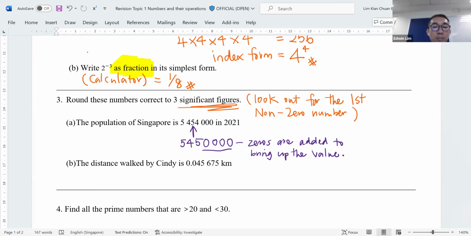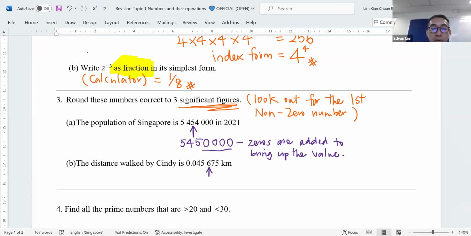The distance walked by Cindy is 0.045675. So which numbers should I look at for 3 significant figures? Can you see that the first 2 numbers are 0? So they are not counted. So I look out for the first non-zero number, which is 4. 4 will be my first significant figure, 5 second, 6 will be my third significant figure.